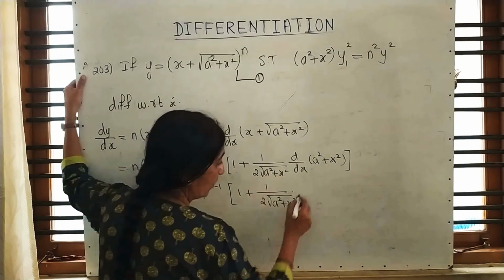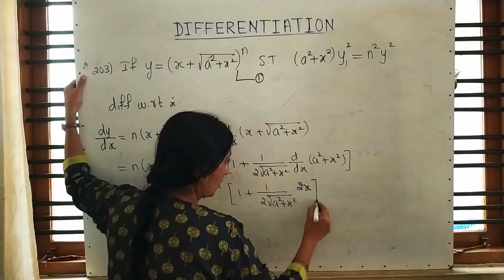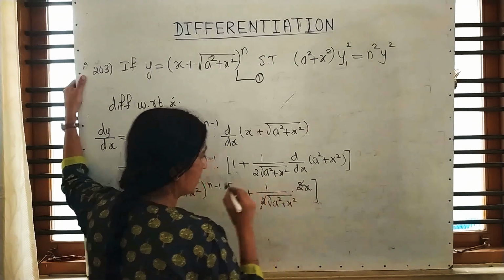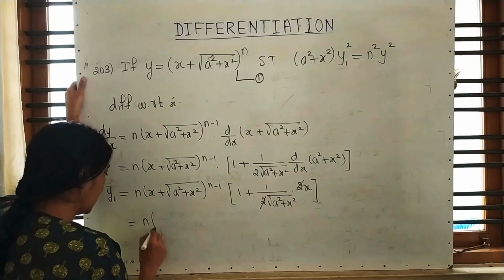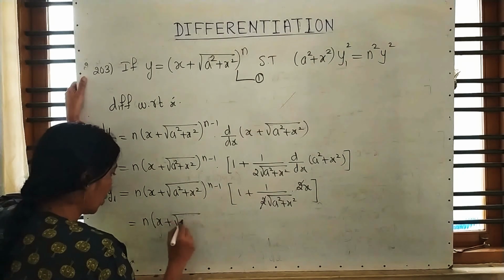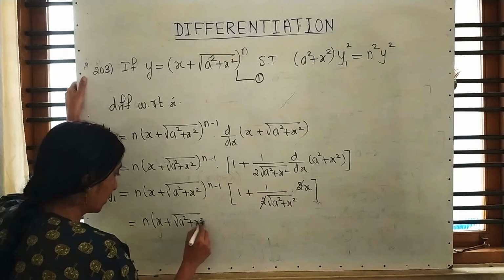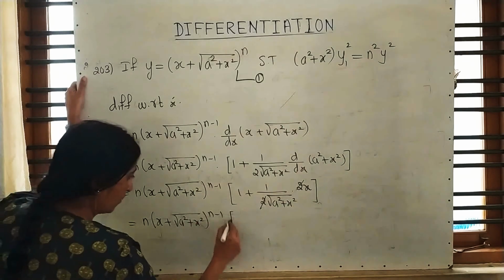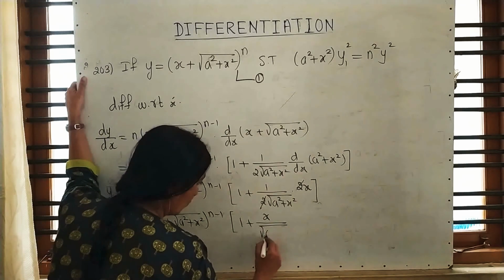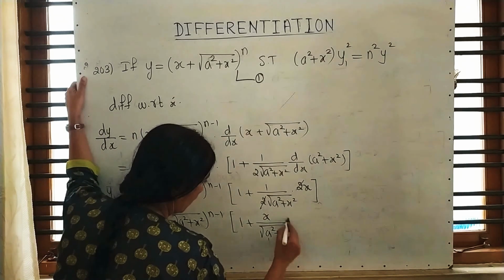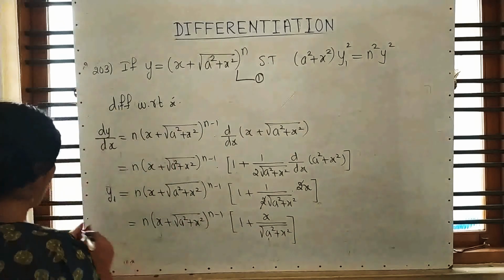Differentiation of a square is 0, differentiation of x square is 2x. This 2 and this 2 get cancelled. Here n, x plus root of a square plus x square raised to n minus 1, in the bracket 1 plus x upon root of a square plus x square. Please note down that.